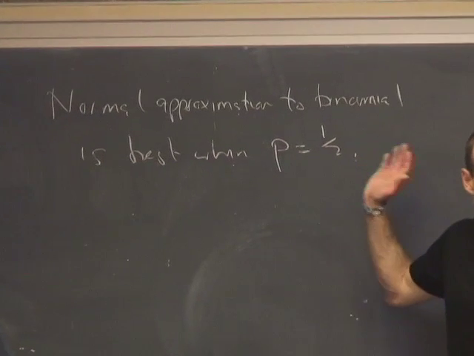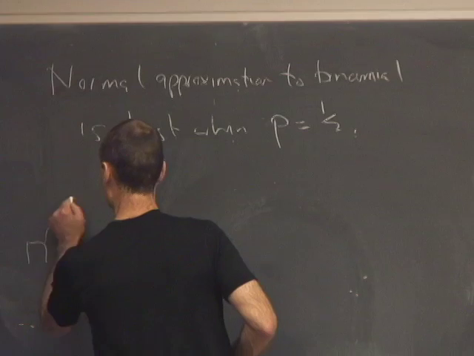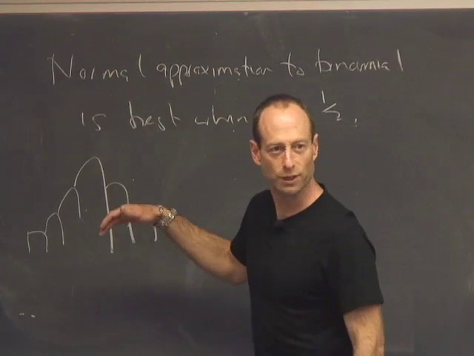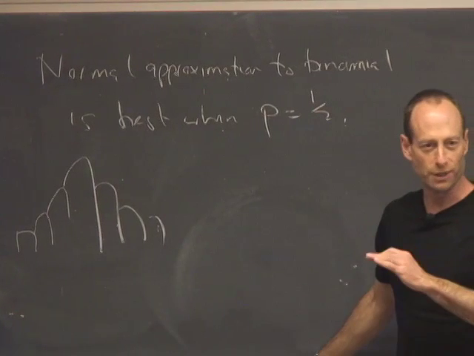That's true, and that's what I think you're remembering. That's because the binomial probability histogram is then symmetric, right? Okay, that's true, but it's irrelevant for this particular thing that we're talking about.